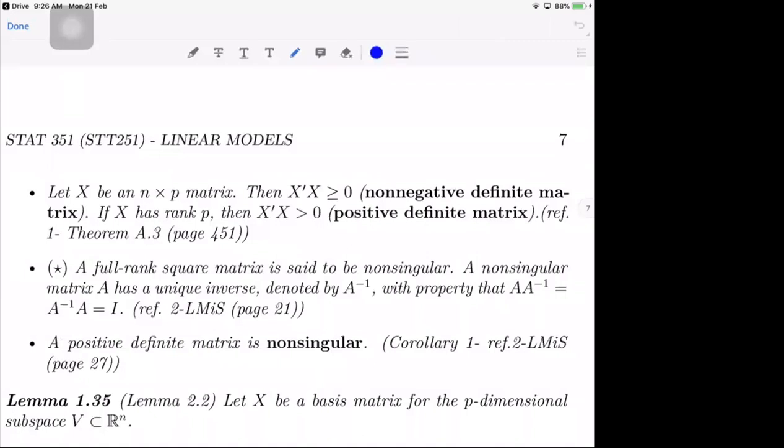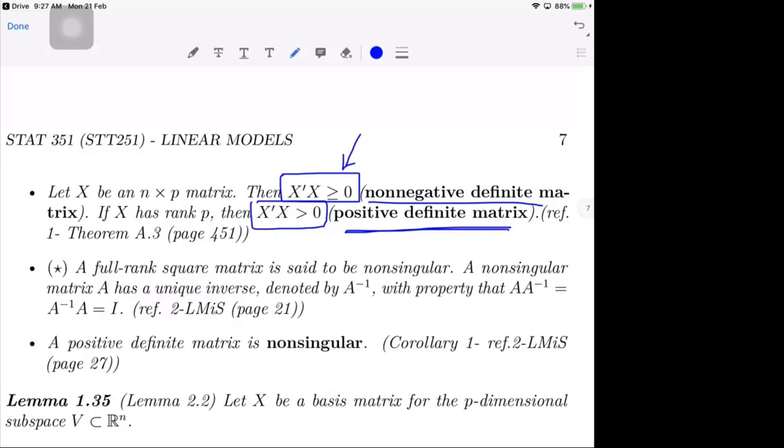We have also these terms, non-negative definite matrix and positive definite matrix. So when we write a matrix in this form, A greater than or equal to 0, it doesn't mean anything about X prime X; for a matrix, greater than or equal to 0, we refer to this notation as a non-negative definite matrix. And if it is strictly greater than 0, we refer to that matrix as a positive definite matrix.